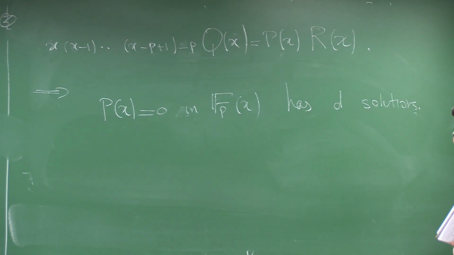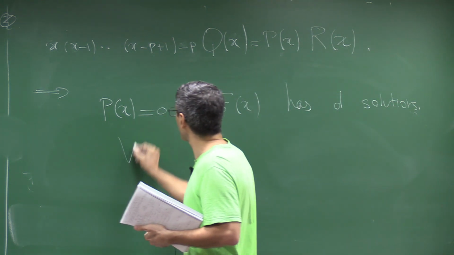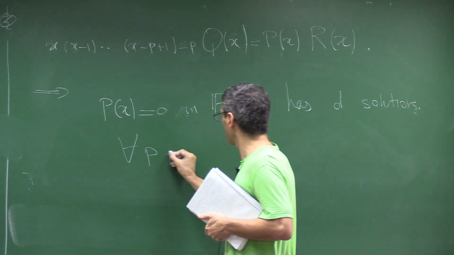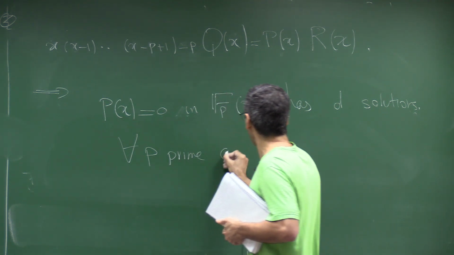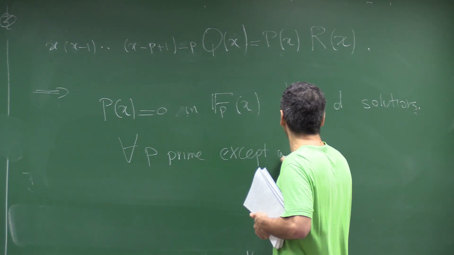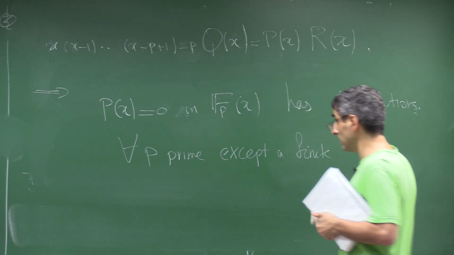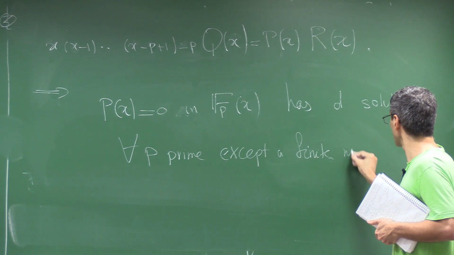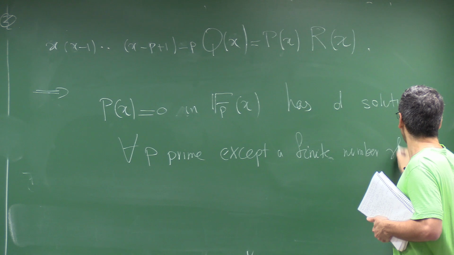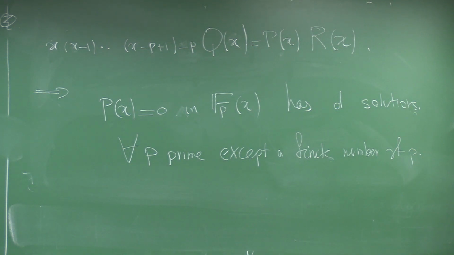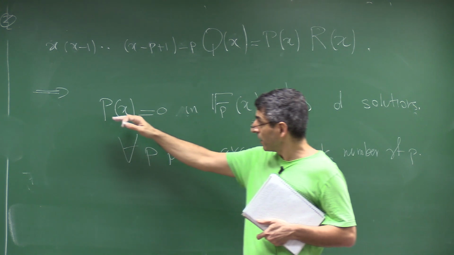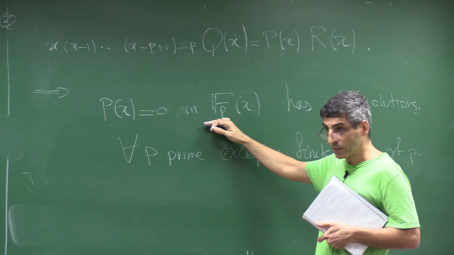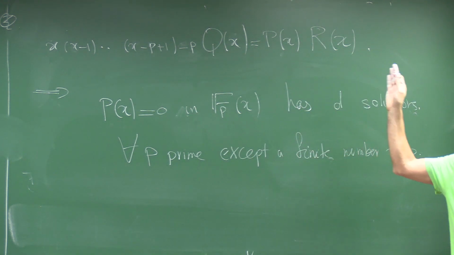And this is for almost all primes, except a finite number of primes p. So the problem is this one now. I have an irreducible polynomial over the integers, such that when I reduce mod p, all the roots are there.